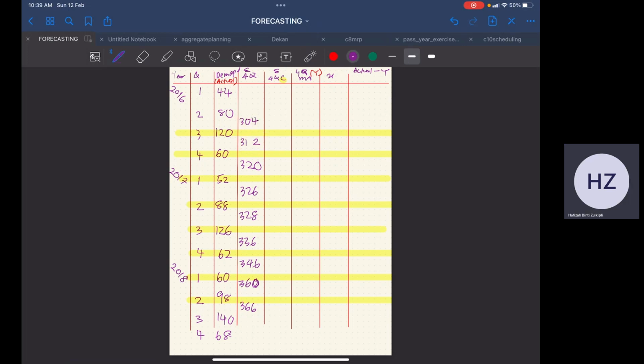Okay, so the summation is 4 plus 2, 6, 0, 1. This is 616. And then the same step here, 312 plus 320. You need to sum both. So that is 632. Same step, sum both.